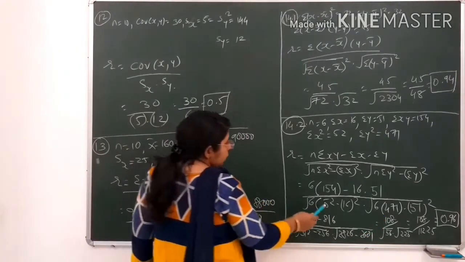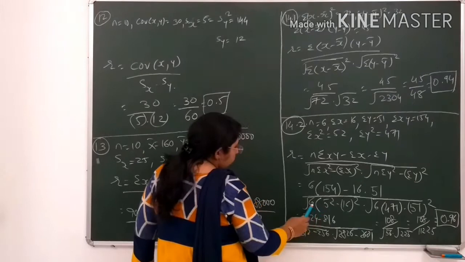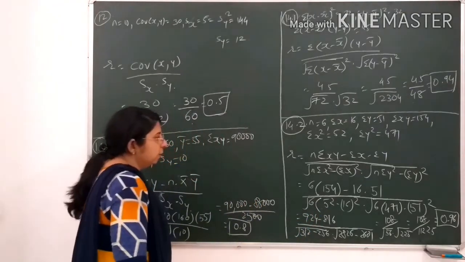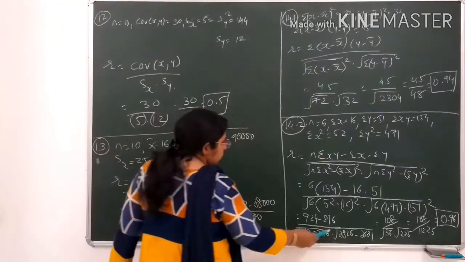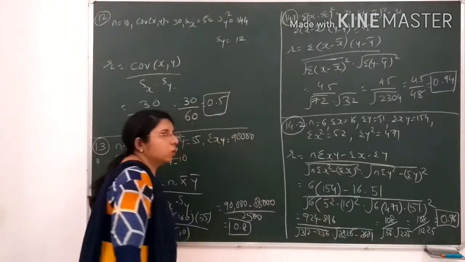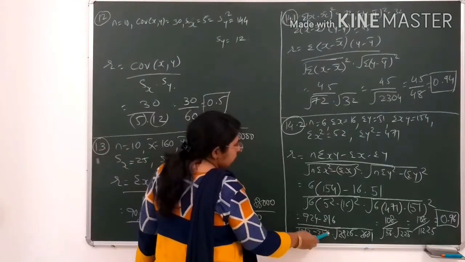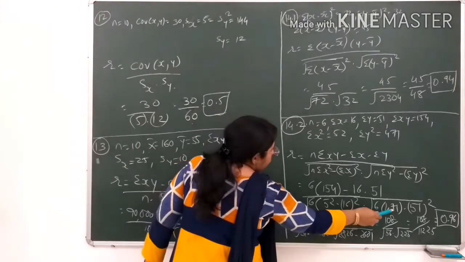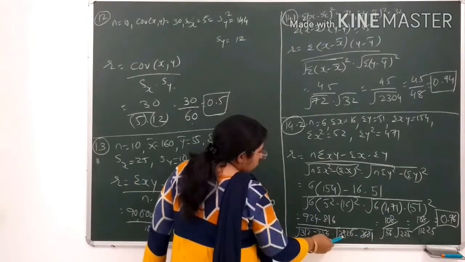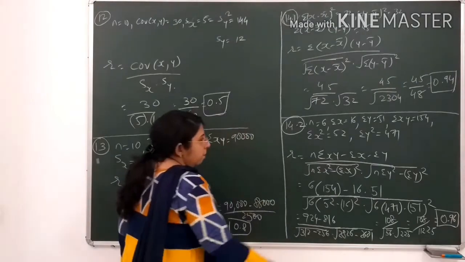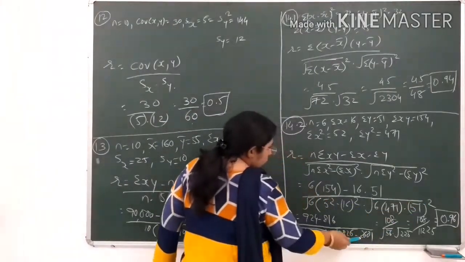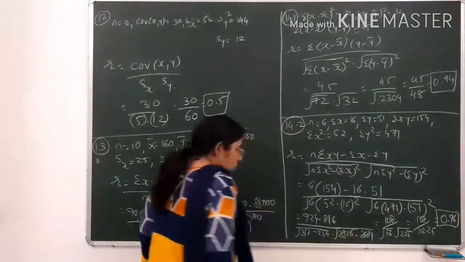Now in the denominator, first of all 52 into 6 would come to 312. 312 minus 16 square, 16 into 16, that is 256. And 6 into 471 would come to 2826, minus 51 square, which is 2601.